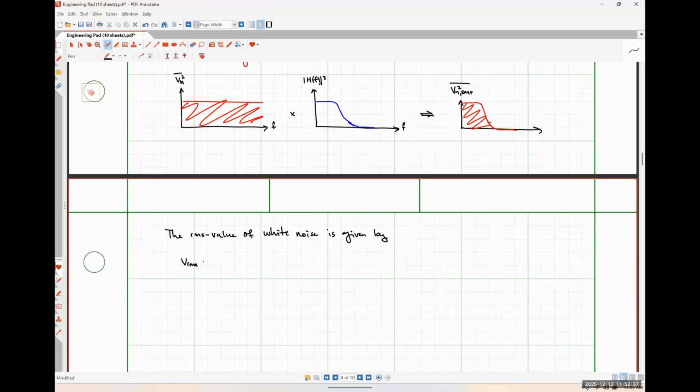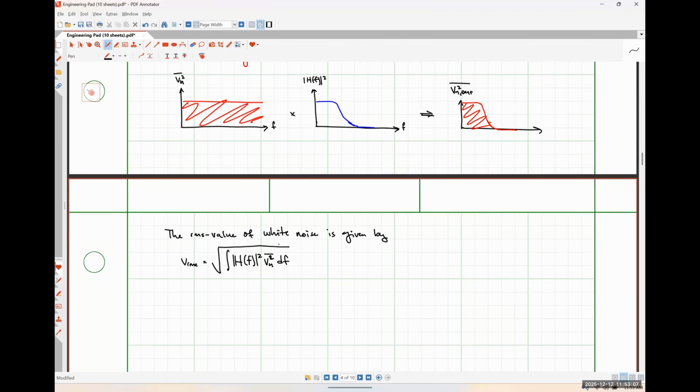So we'll say VRMS is going to be the square root of that measured noise equation we have above: |H(f)| squared times our power spectral density integrated with respect to frequency.